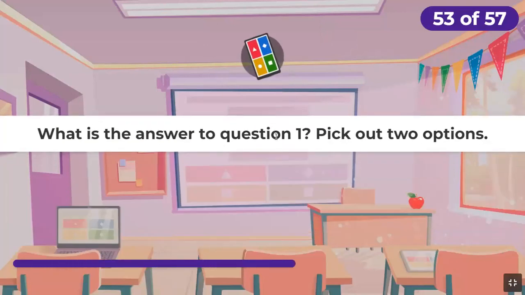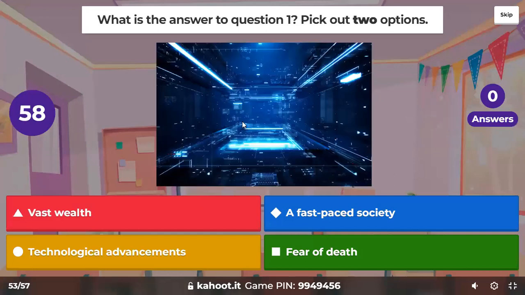Now what is the answer to question number 1? Pick out two options. Now the answer number 1 اللي قلنا why is this happening؟ راح نختار اثنين. Vast wealth الثراء الفاحش, a fast-paced society مجتمع سريع النسق, technological advancement التقدم التكنولوجي, and fear of death الخوف من الموت. Why do people expect things to happen quickly?